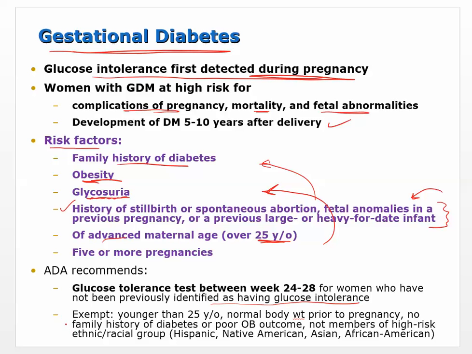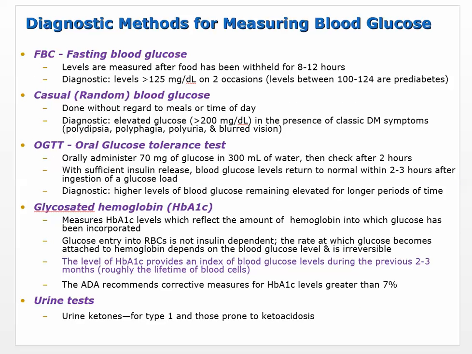An exemption, which would of course be up to the physician, could be: younger than 25, normal body weight prior to pregnancy, no family history of diabetes or poor OB outcome, and not members of high-risk ethnic or racial groups. If you don't fall into any of these categories, you can be not considered for that, but it's not a very difficult test to do, so it seems like it would be a safe thing for everyone to have done.